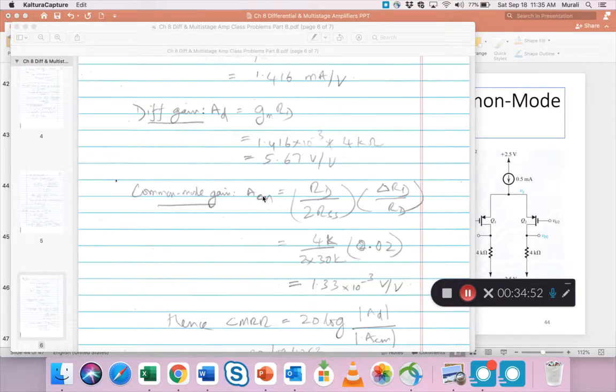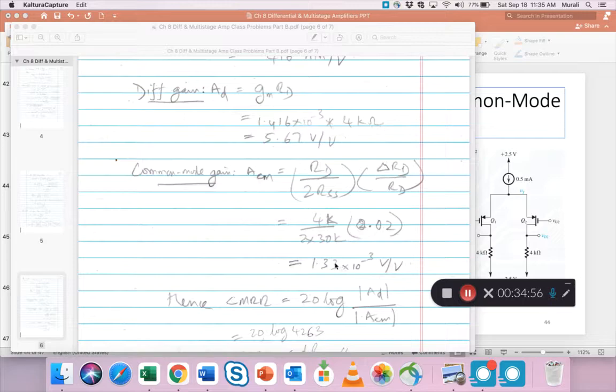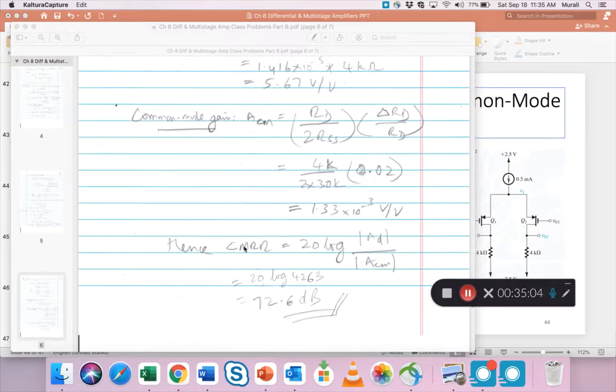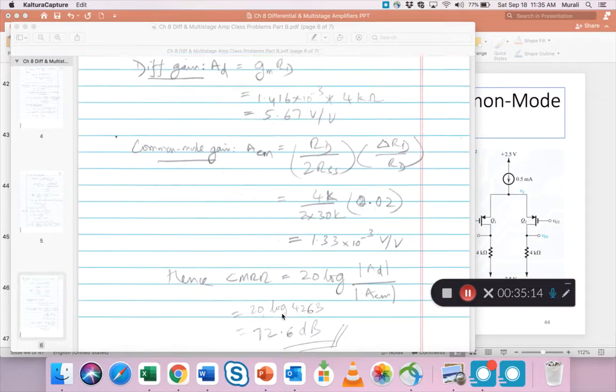So then ACM comes out to be a very low value. It's not zero, but it has some value. Hence, CMRR is 20 log AD by ACM, which comes out to be 72.6 dB.